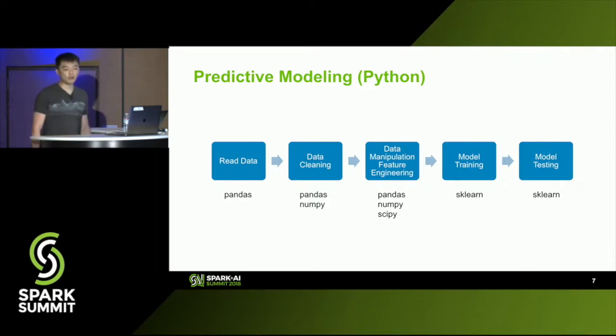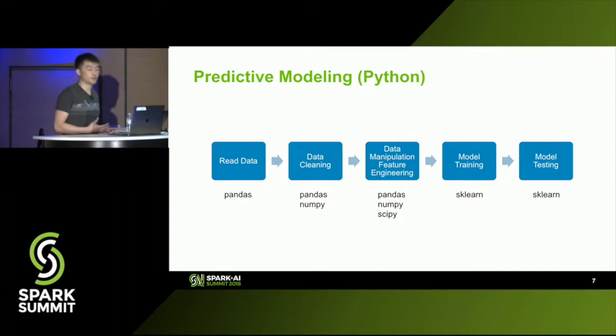When we look at why Python is so great at dealing with this kind of workflow in data science, it is because the Python ecosystem has so many libraries to deal with each of the blocks here. For instance, Pandas has great capabilities of reading different data sources. And numpy and scipy and Pandas together can do a lot with data cleaning, data manipulation, and feature engineering, which is what people spend a lot of time on when building machine learning models.